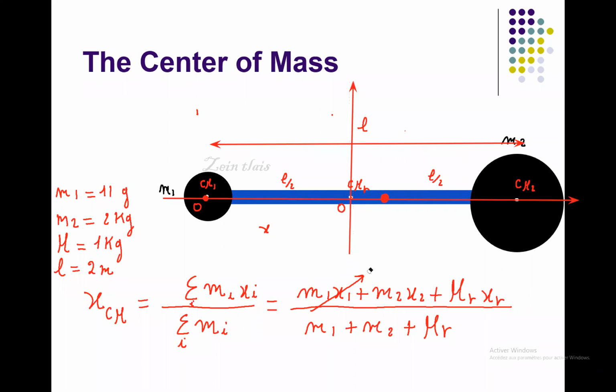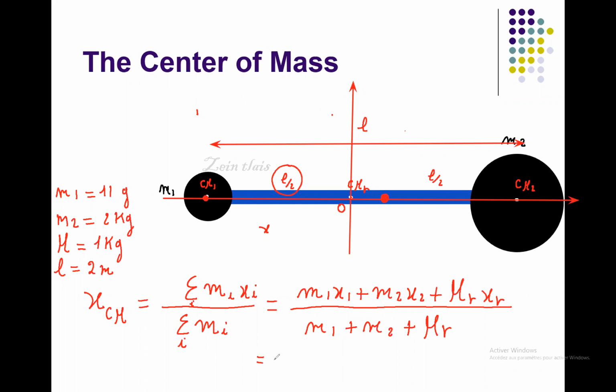In this case, we have to see x1. X1 is a position between O and the mass m1, which equals minus L over 2.